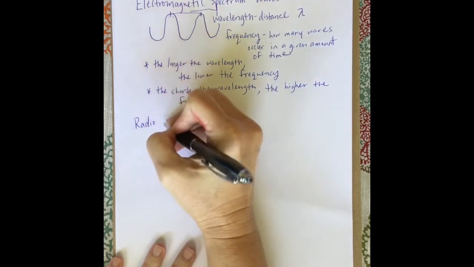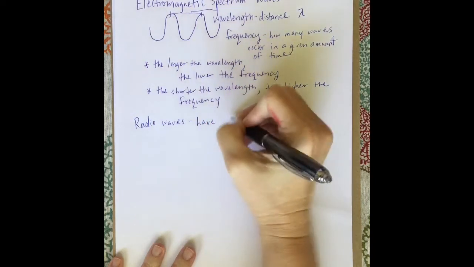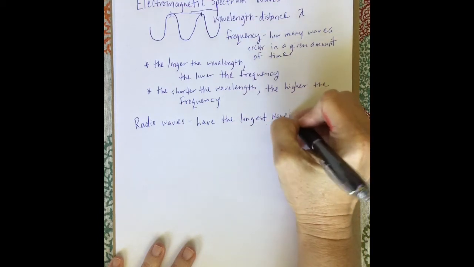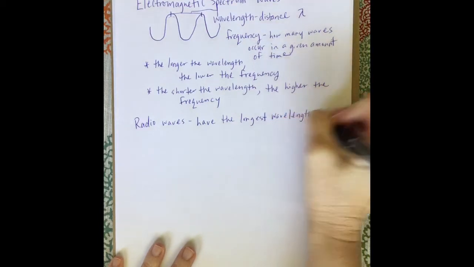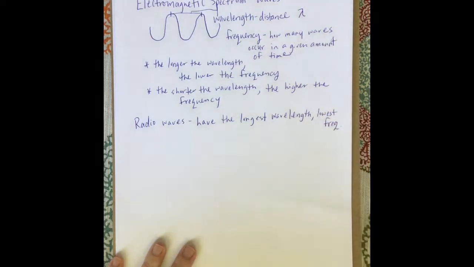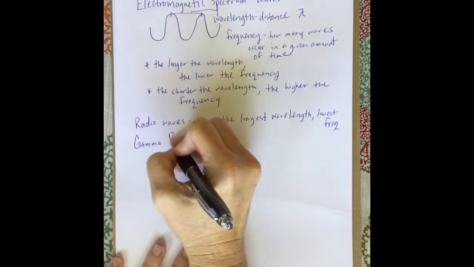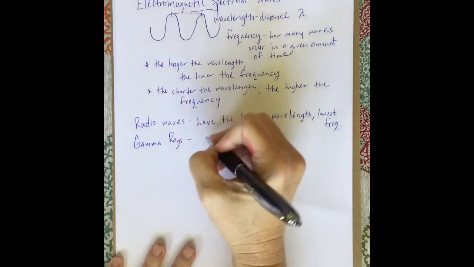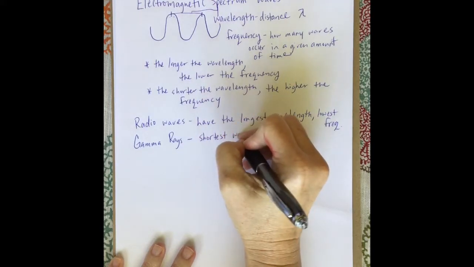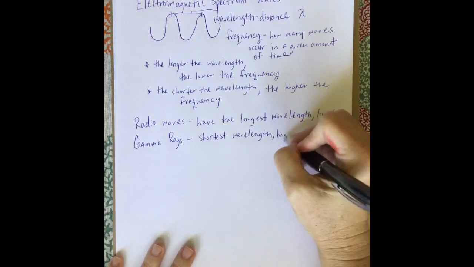Radio waves have the longest wavelength, which means they have the lowest frequency. Gamma rays have the shortest wavelength, which gives us the highest frequency.